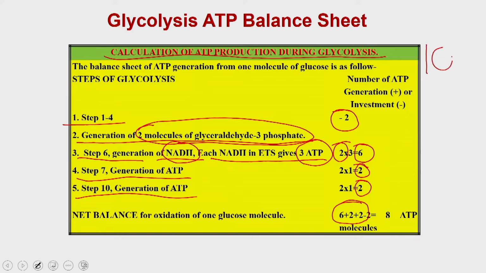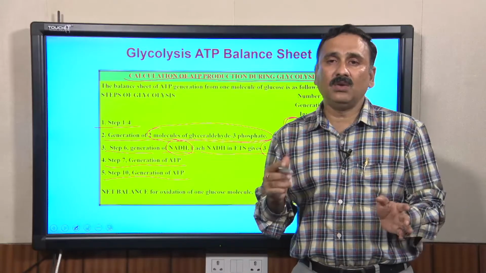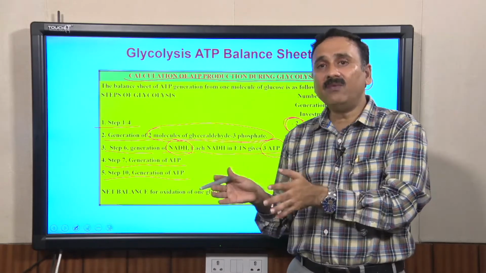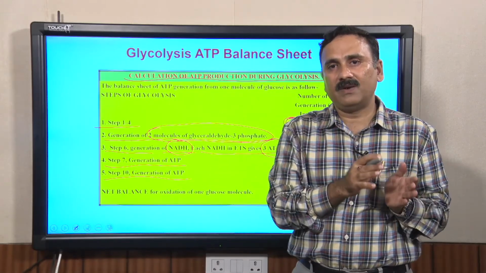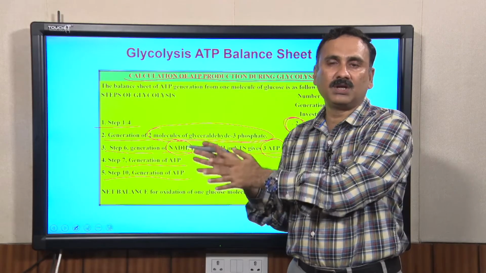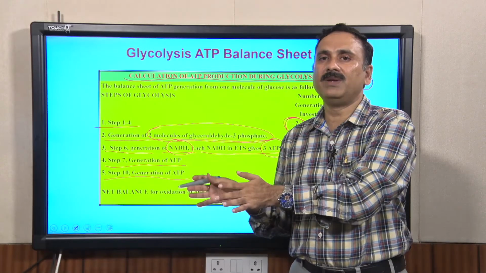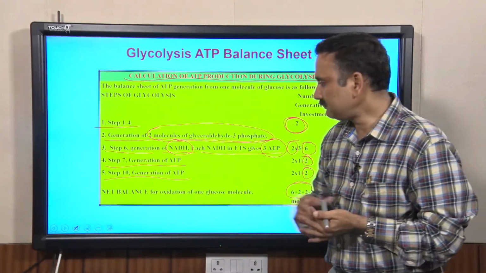The total production of ATP is going to be 10. You have invested the 2 ATP molecules, so the 2 molecules are going to be subtracted, which means 8 is the net ATP which is going to be generated from glycolysis if the NADH goes to the electron transport chain and is oxidized completely.